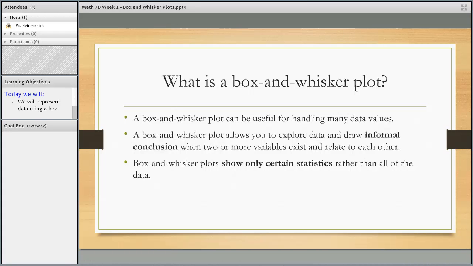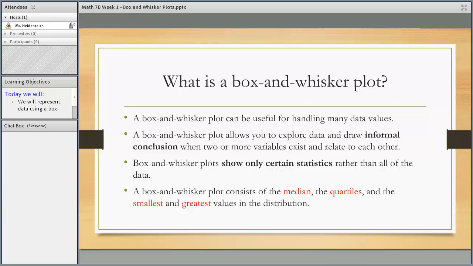We're only going to show specific statistics about the data set, and then seeing those statistics can help us to make those informal conclusions. You're going to see as we go through this that your box and whisker plot is going to have the median on it, two quartile values, called the upper quartile and lower quartile, and the lowest and greatest values in the distribution, which are going to be called our extreme values.